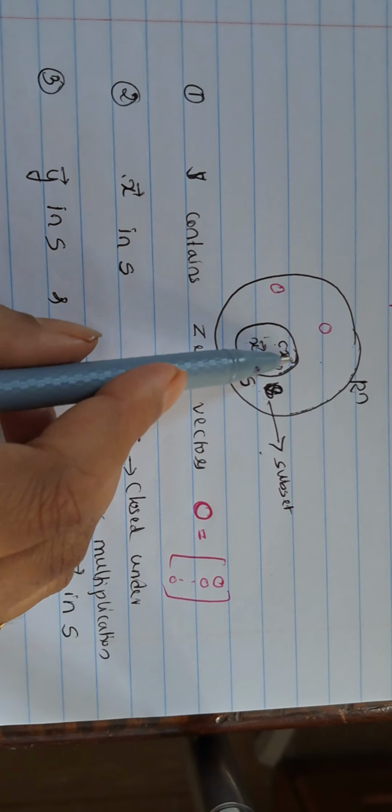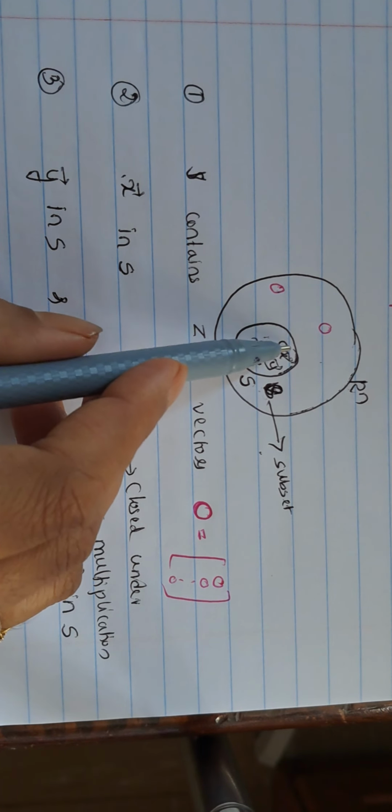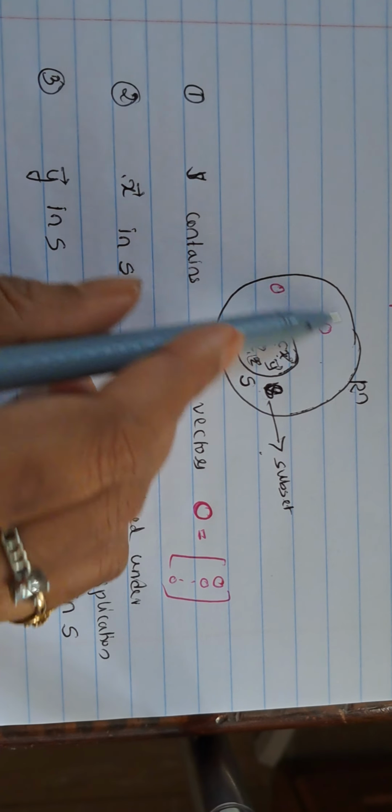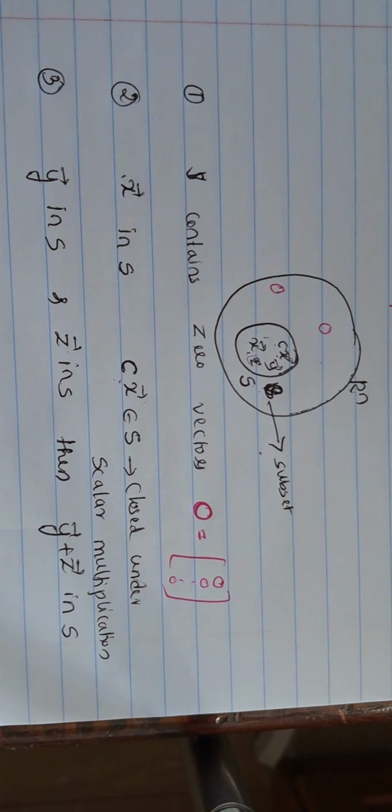Same way, when you take a scalar multiplication, it should belong to this collection only. The formal way of saying this is that it is closed under addition.